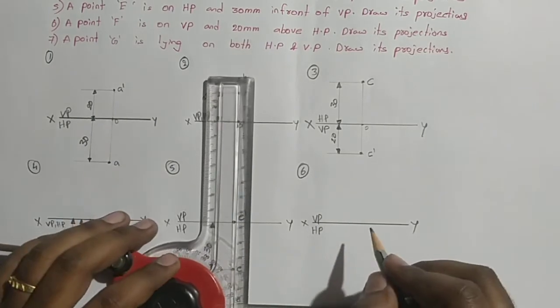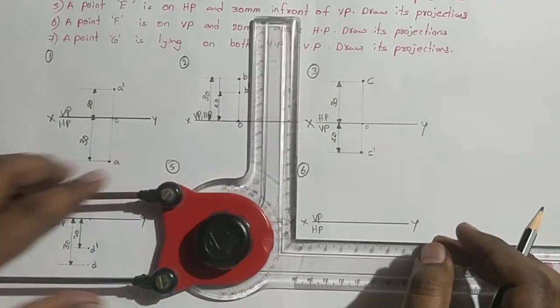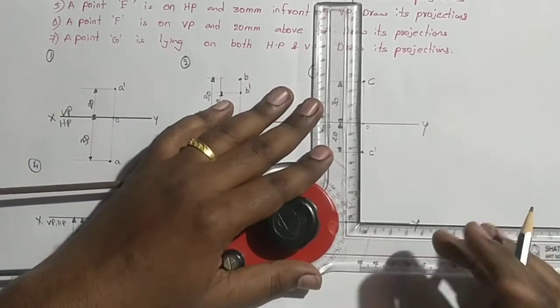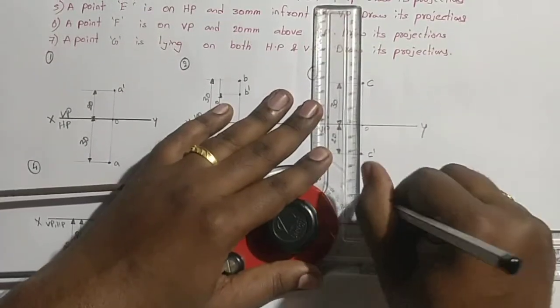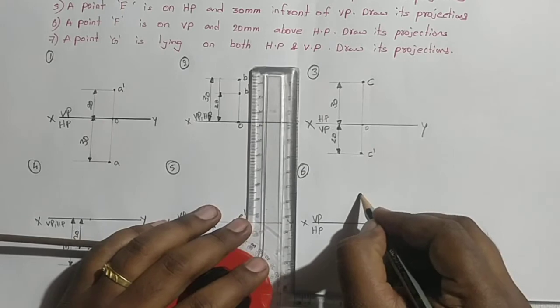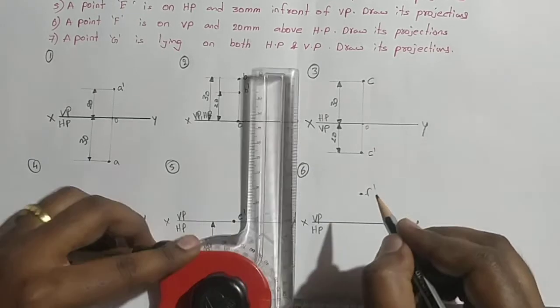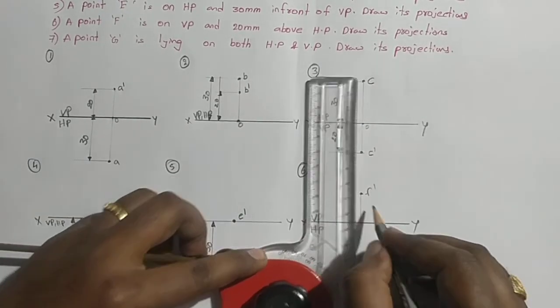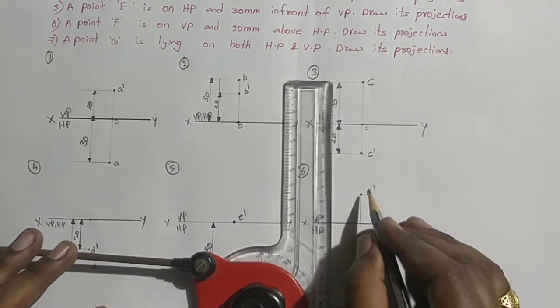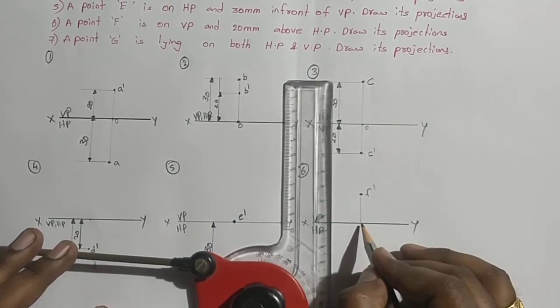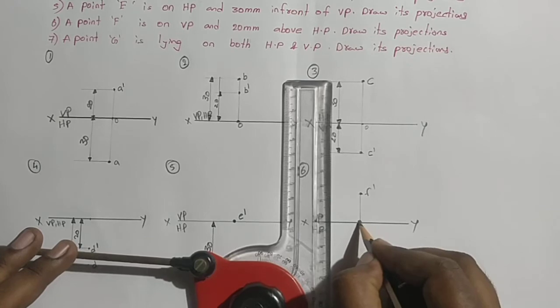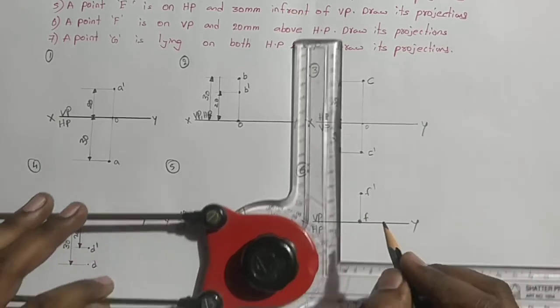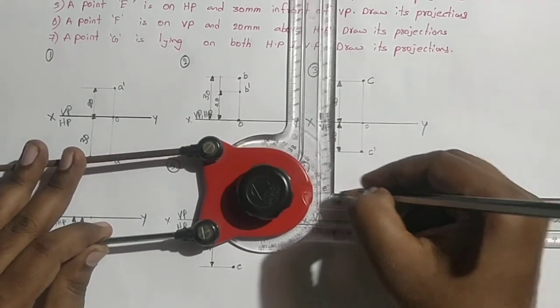First I am drawing above. Above means front view. From this point to this point is 20. It is the front view, F dash. If you view from the top side, it is on VP, so this projection falls on XY. It is the top view, F.